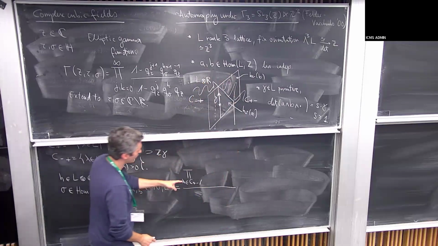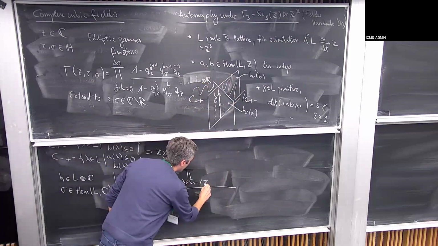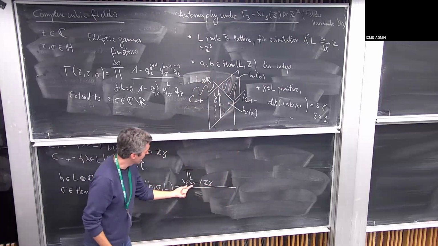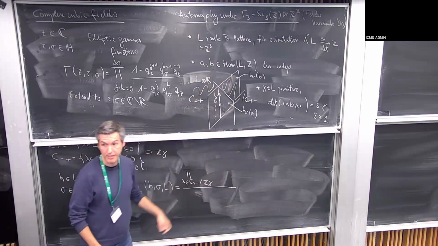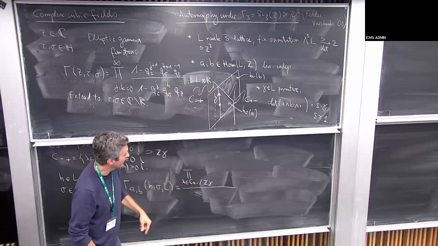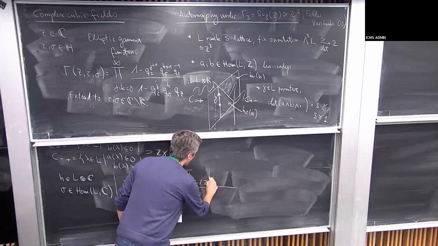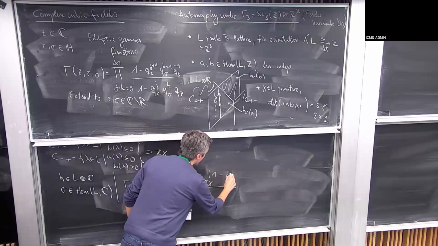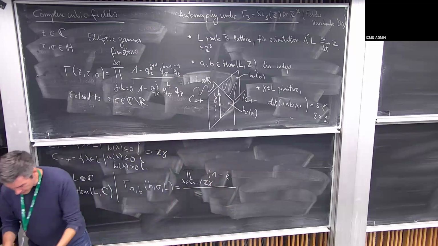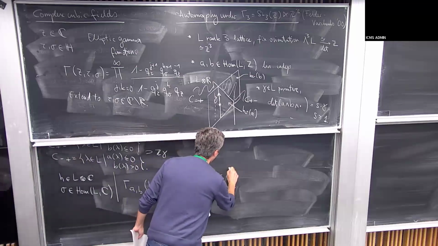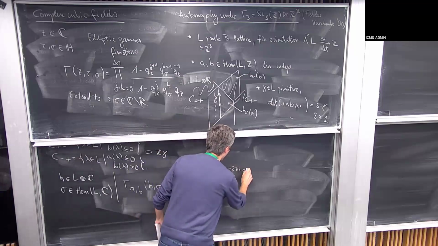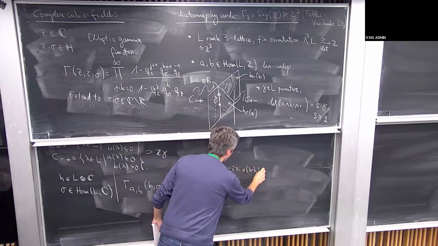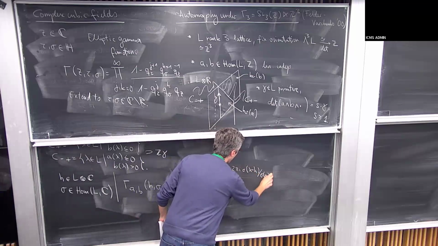And so I'm going to write down an expression that makes sense for any lambda in here, but it's invariant under Z gamma. And so I can think that I'm indexing given by this expression here, and it's 2 pi i sigma of gamma.